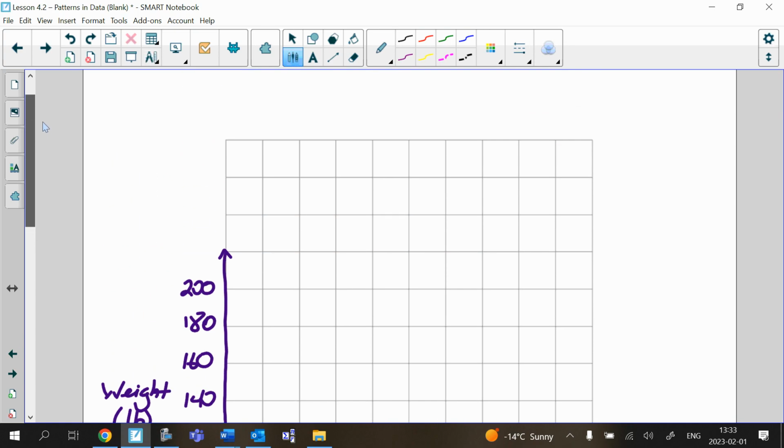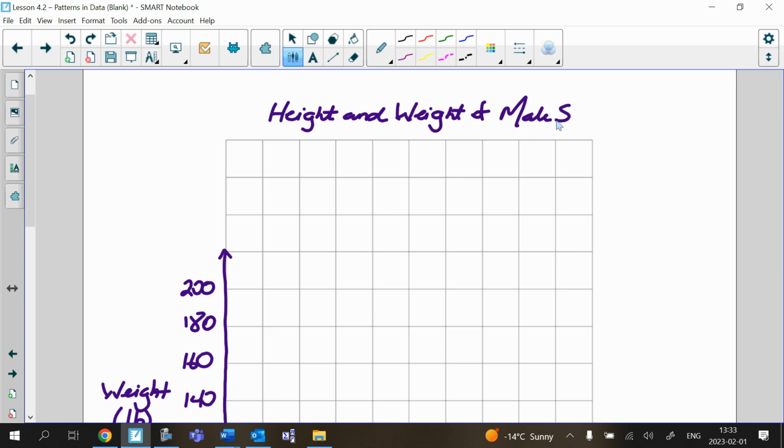Height and weight of male students. Okay. And now let's plot.